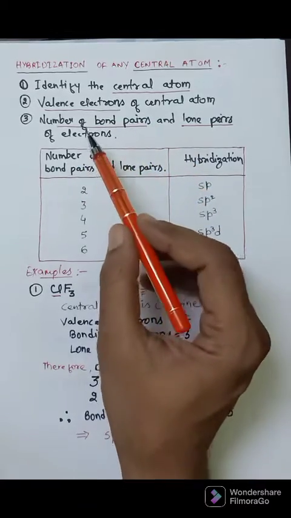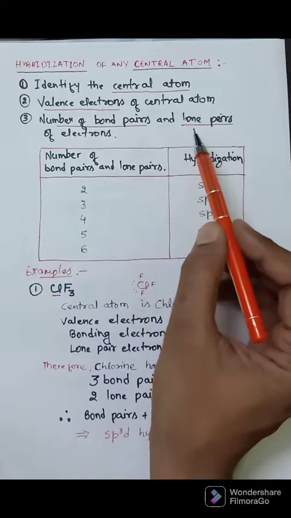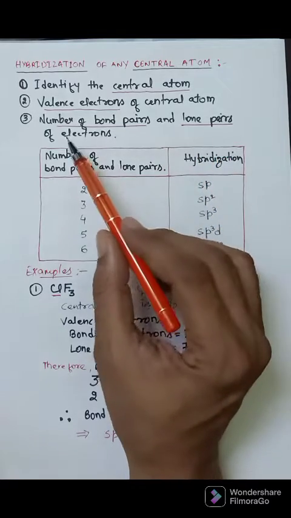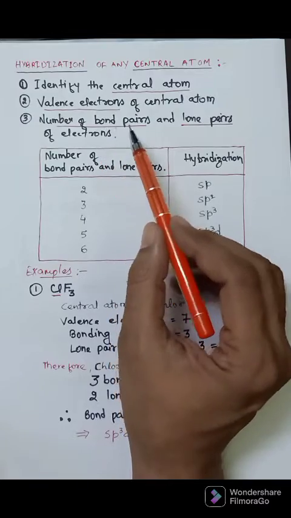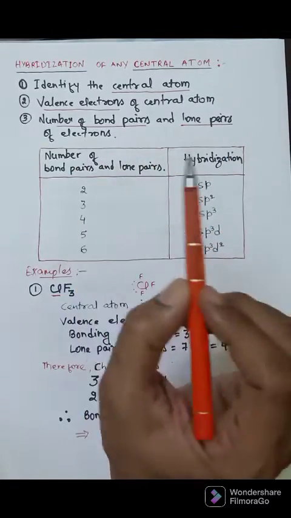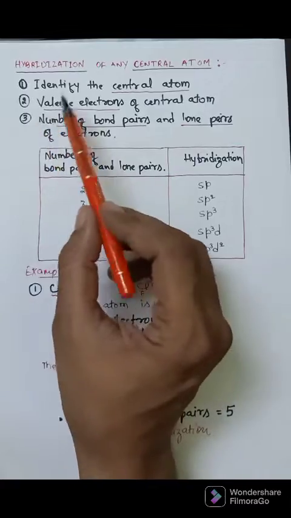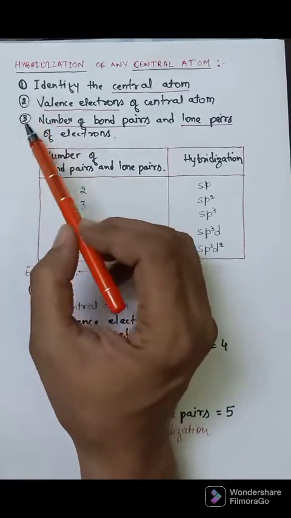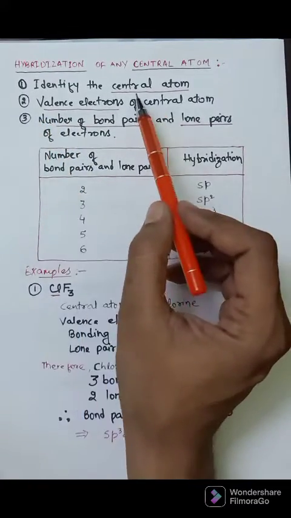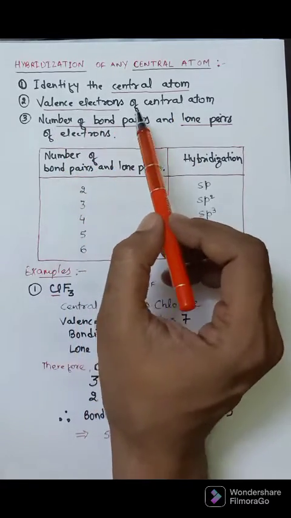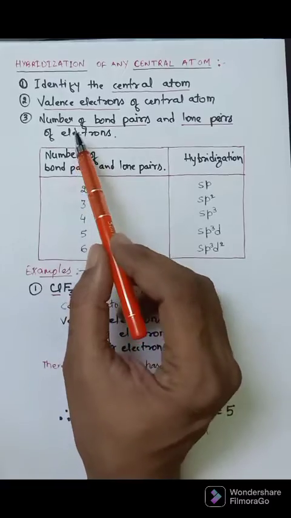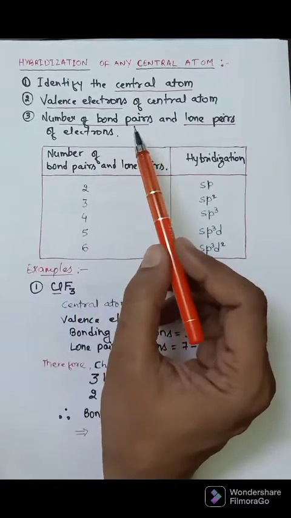And the last one is the number of bond pairs and lone pairs. You just have to find the total number of bond pairs and lone pairs of electrons. So you have to find these three things. First, the central atom. Second, the number of valence electrons present in the central atom. Third, the total number of bond pairs and lone pairs.